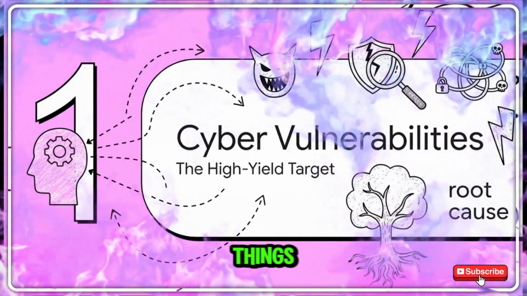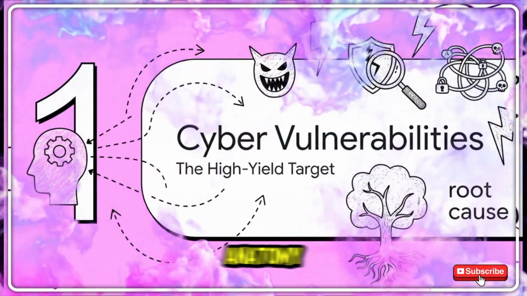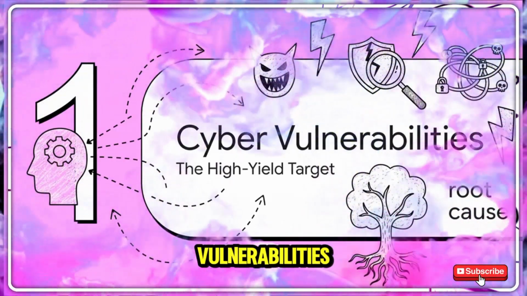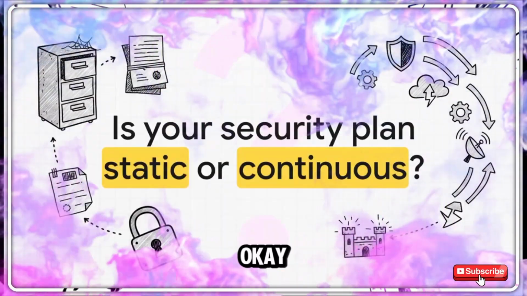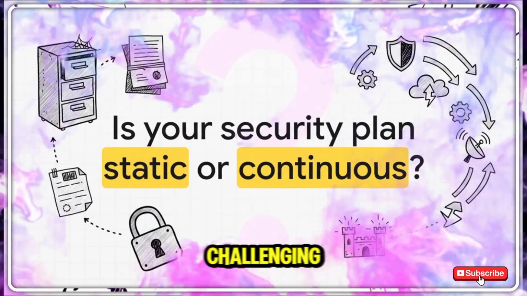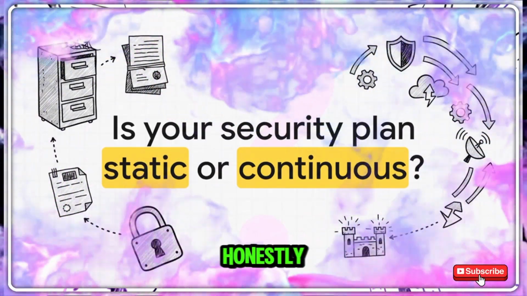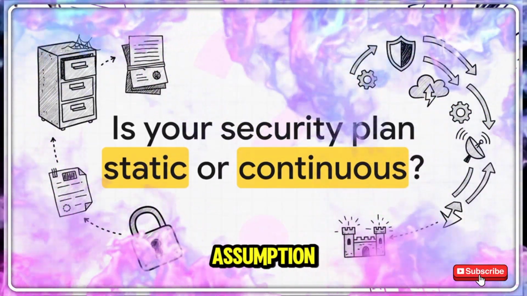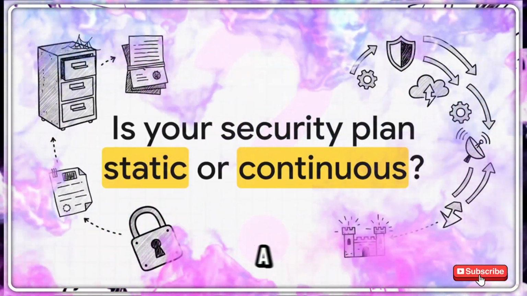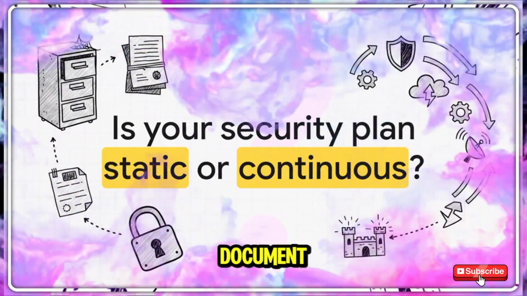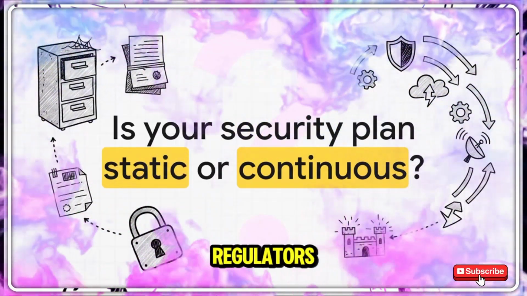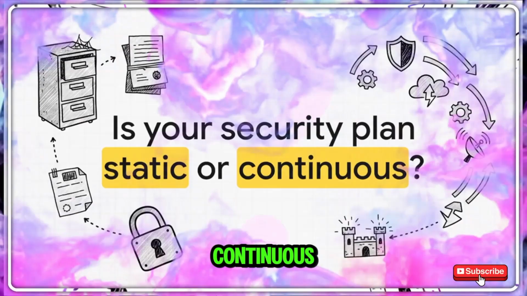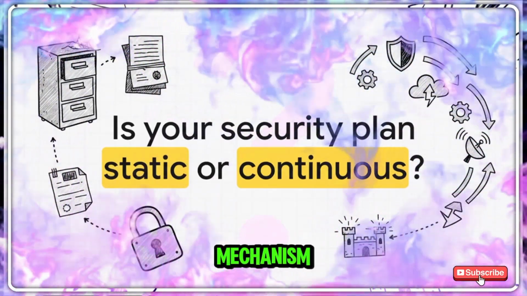All right, kicking things off with Section 1, the anatomy of cyber vulnerabilities, and exactly why you might be a high-yield target. Okay, let's dive into this by challenging a really common, yet honestly highly dangerous assumption. You've got to ask yourself, is a security plan just a static document you print out, file away in a desk drawer, and use just to appease regulators? Or is it a continuous, living operational mechanism?